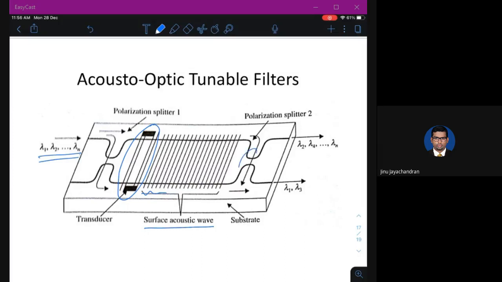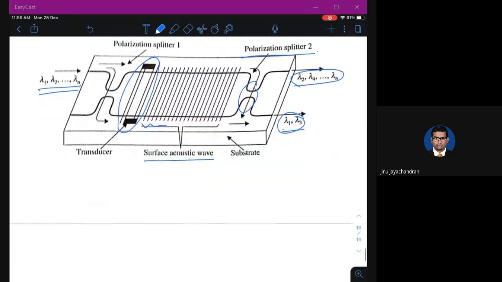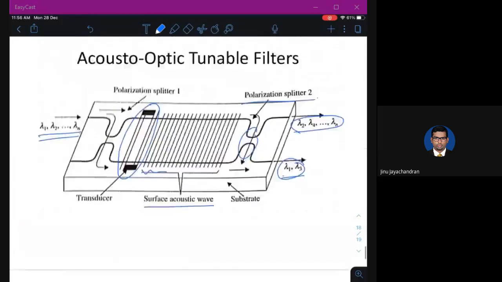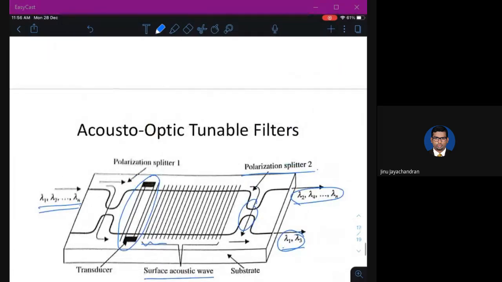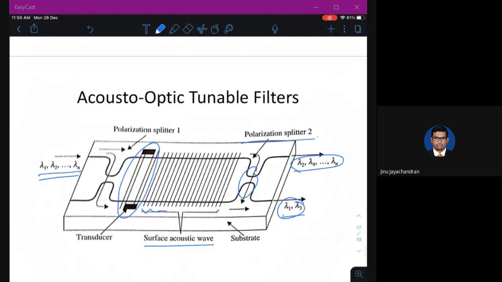And once it combines here at the polarization splitter at the end, you will get the desired wavelengths. So in this case, you can get two different wavelengths as output, and these are the wavelengths which are rejected. So these are the acousto-optic filters. This is about the filters for optical communication.